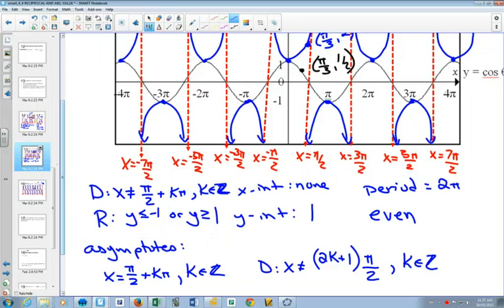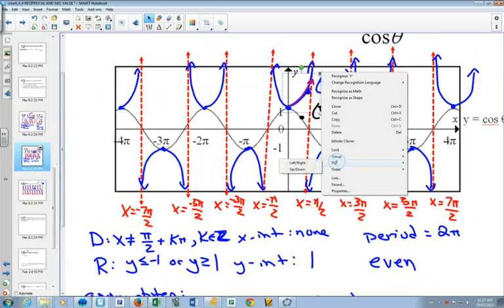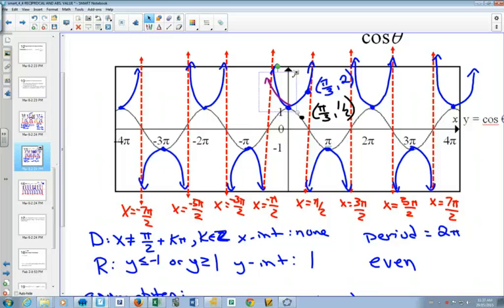So what makes an even function is if you would take the graph and just flip it over the y-axis. So if I would take this part of my graph and flip it over my y-axis, you see it matches up perfectly because my drawing was so good to begin with.